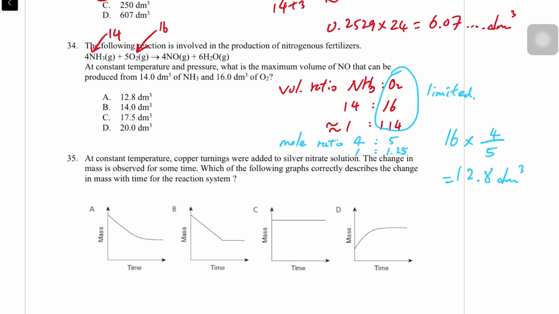This is all by mole ratio. So the answer will be A. This is NO volume.